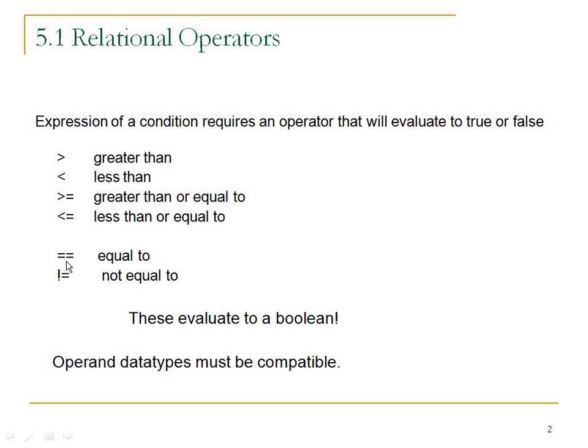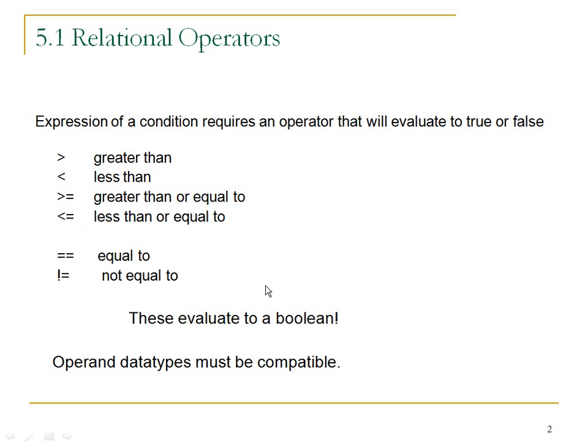So we're going to distinguish between the assignment operator gets and the equality relationship operator, which is the 2 equal signs. And not equal to is the exclamation mark followed by a single equal sign, and there cannot be a space in between these. When there are 2 characters, those must be without a space in between.